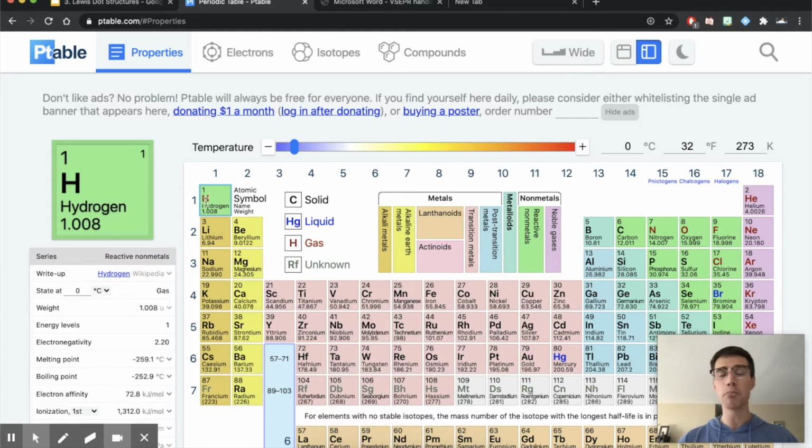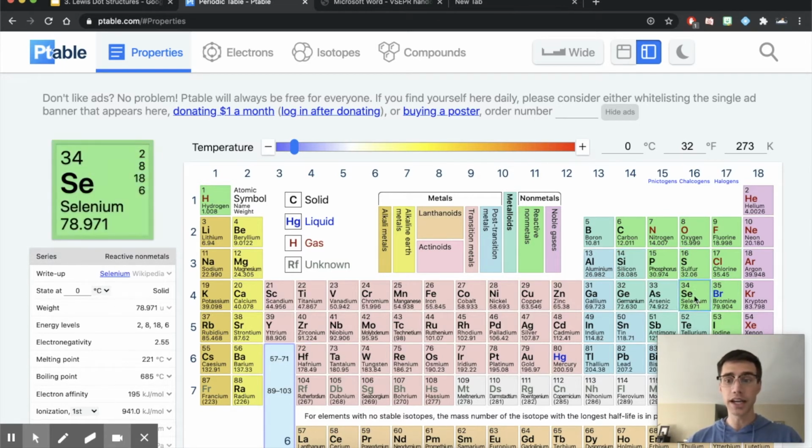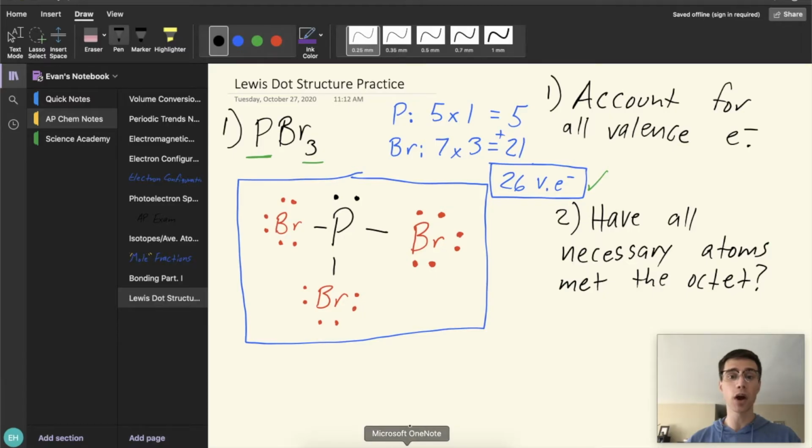And if we go back to thinking about Bohr models of the atom, remember the first energy level around the nucleus can only hold 2 electrons. So hydrogen doesn't actually fill the octet because it can't hold 8 electrons in its valence shell. It can only hold 2. But most of the other ones we'll be dealing with will be meeting the octet. Things like carbon, nitrogen, oxygen, any of the halogens, sulfur, phosphorus, silicon, selenium, all of the kinds of things like that, okay? Because again, because these are covalent bonds, we want to make sure that we are satisfying the octet by filling the valence shell with the valence electrons that are being shared in the covalent bonds.